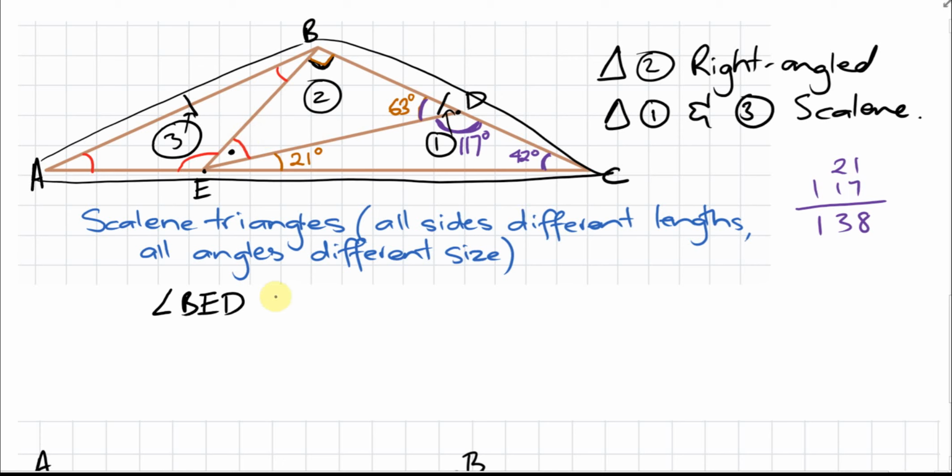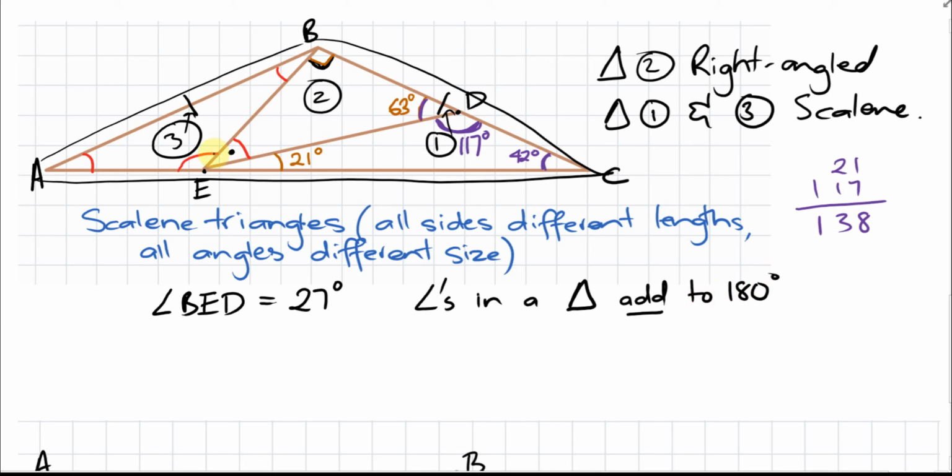So angle BED equals 27 degrees. And remember the reason is angles in a triangle. You can just draw a little triangle to represent the word triangle. Angles in a triangle add to 180.